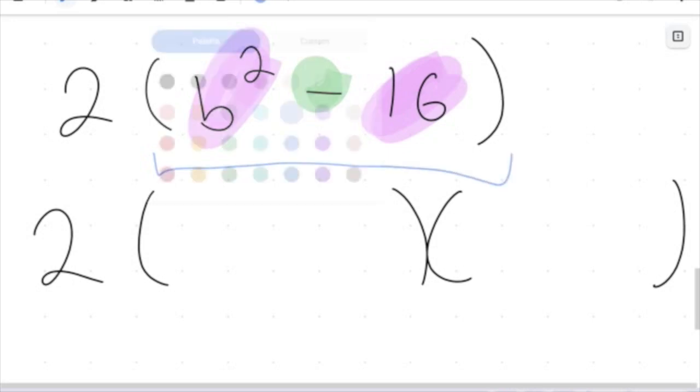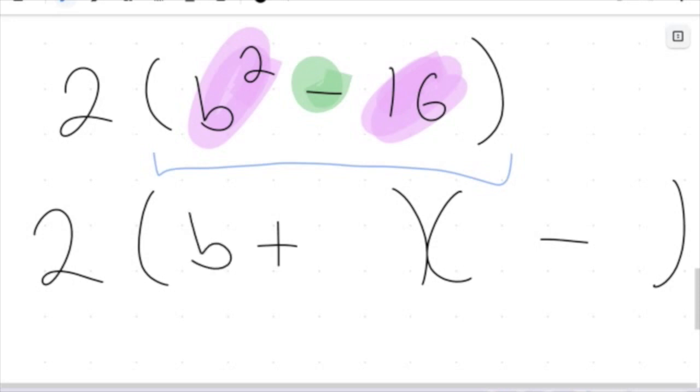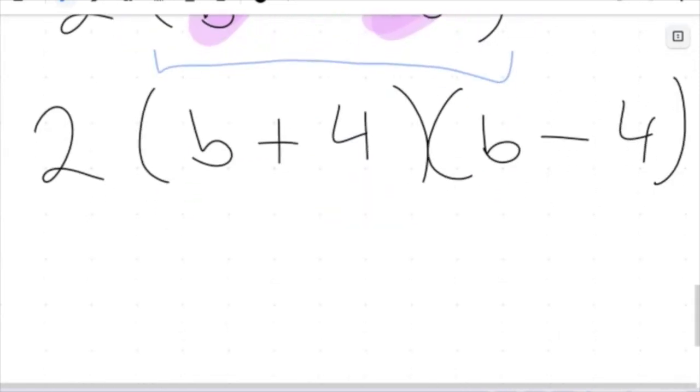And we're going to approach this in the exact same way. I have one being positive, one being negative. Remember, I need opposite signs for difference of 2 squares. And I want to first find what's the square root of b squared. Well, that's just going to be b. And the square root of 16 is 4. So I have found the factorized form of this difference of 2 squares.